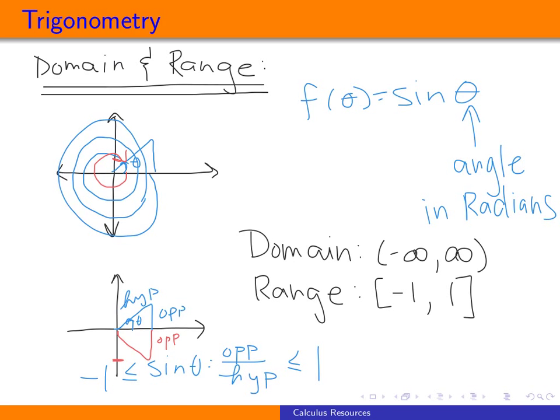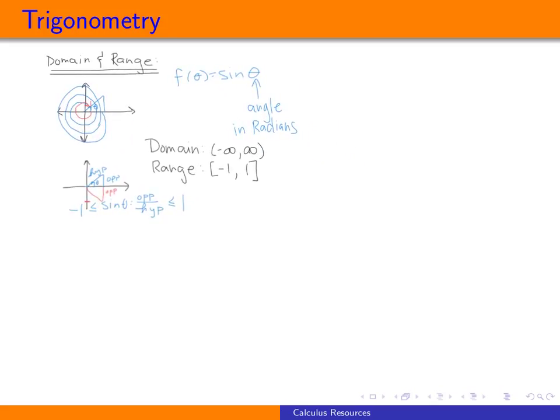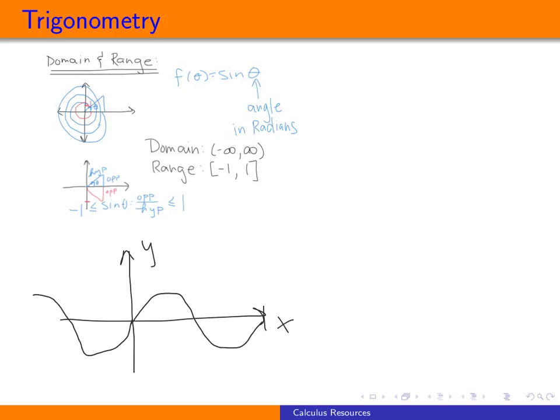Another way might be, maybe you already know what the graph of f of x equals sine x looks like. So if I think about it right here, my x and y axis, the graph of sine x looks like this, where those x values are the inputs of the angles. So that's from 0 to 2 pi there, and pi there. And my highest value is 1, and my lowest value is negative 1.